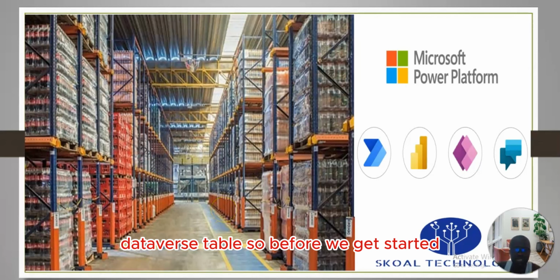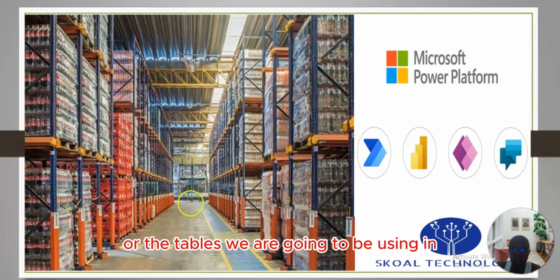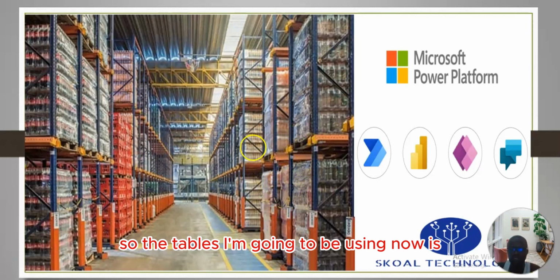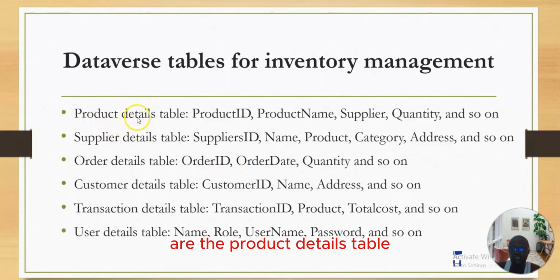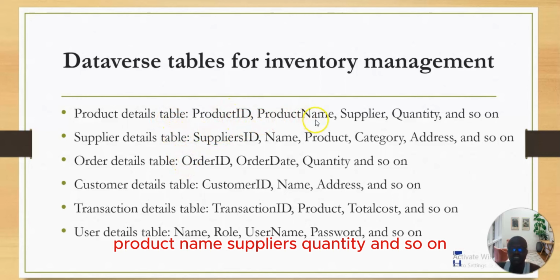Before we start building our tables, we need to first of all identify the tables we are going to be using in developing our application. The tables we are going to be using are the product details table, which is going to have the columns of product ID, product name, suppliers, quantity, and so on.